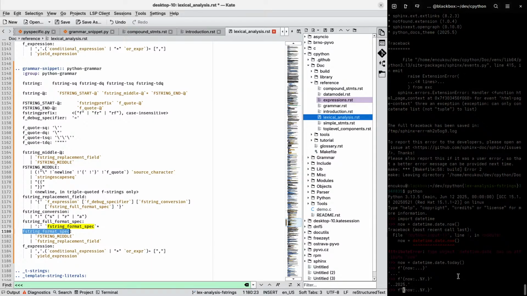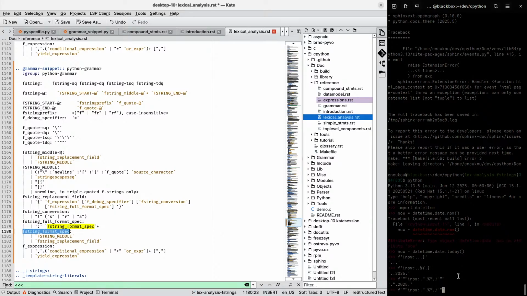So if you have a triple quoted f-string like that, you can put a quote in here.